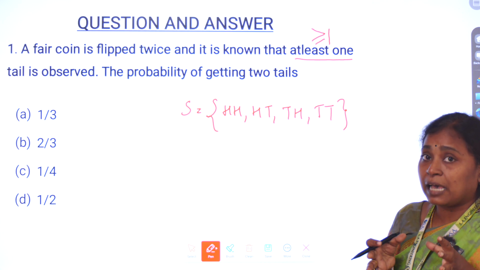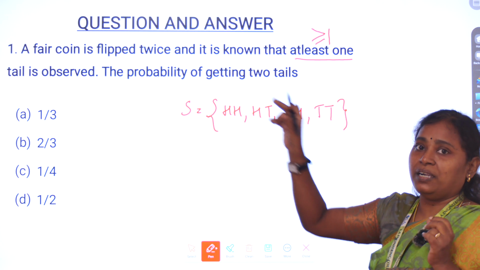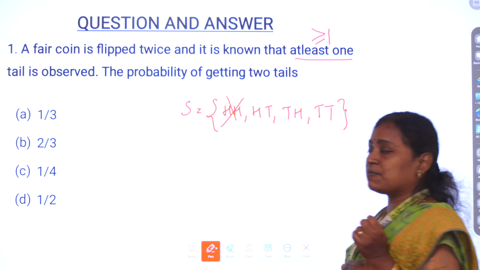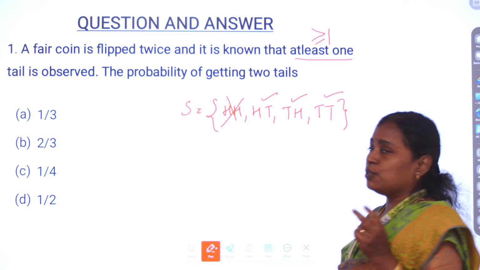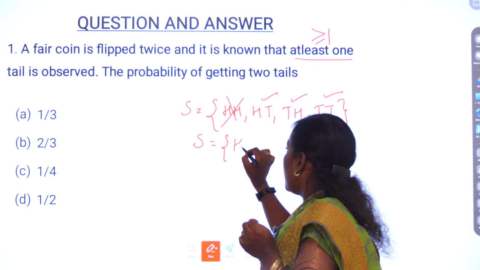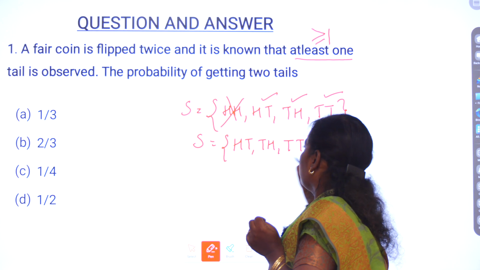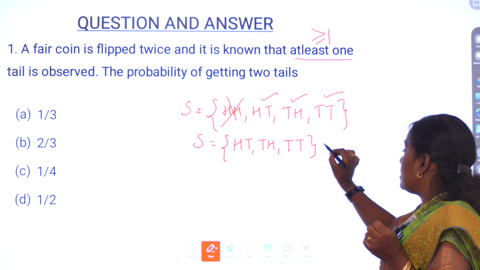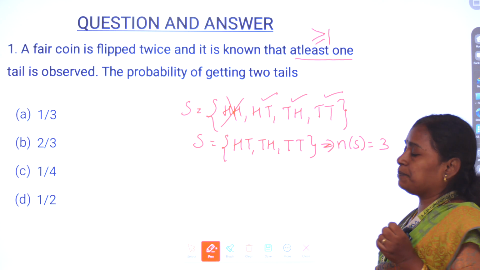You should select a sample space such that it possesses at least one tail. Here, HH does not have a tail, so you should remove it from the sample space. This has one tail, here also one tail, here it is two tails. So your sample space S is nothing but HT, TH and TT. So now your exhaustive number of cases, denoted by N of S, is 3.